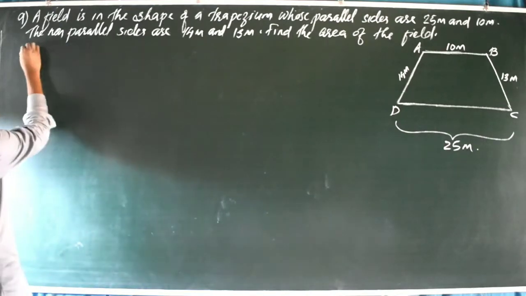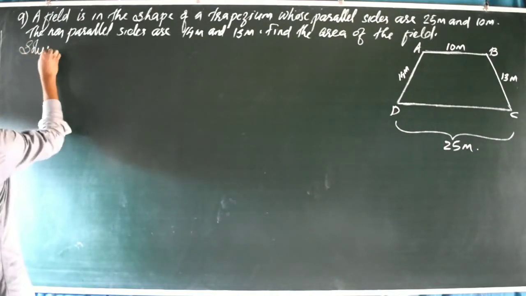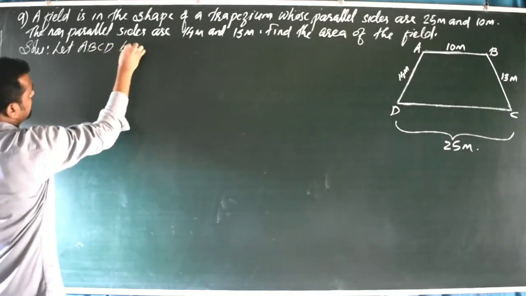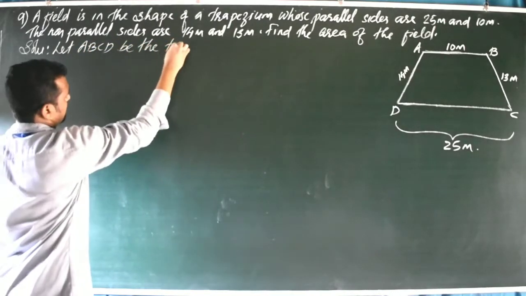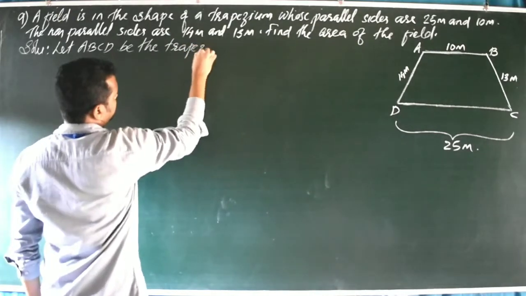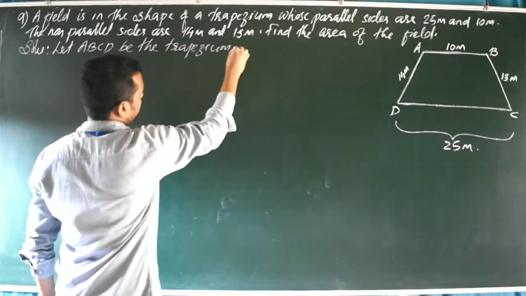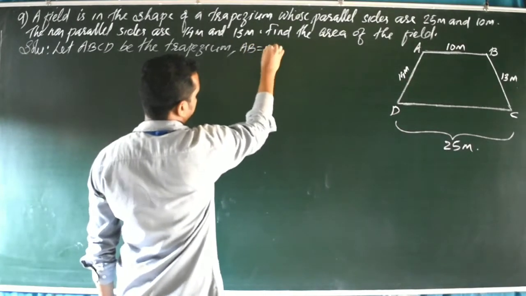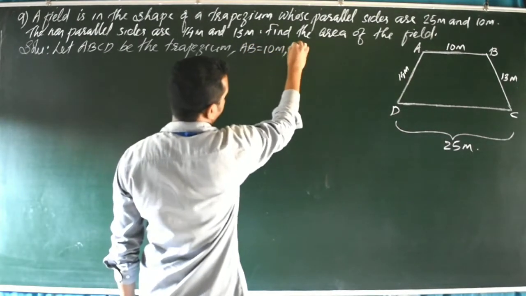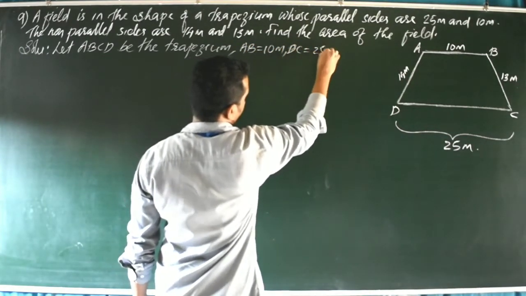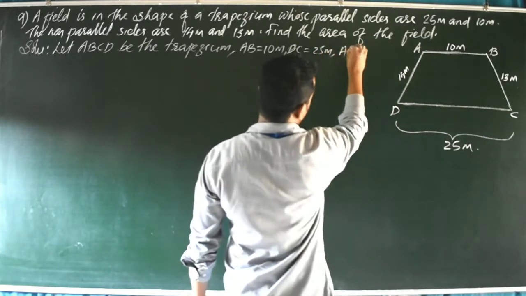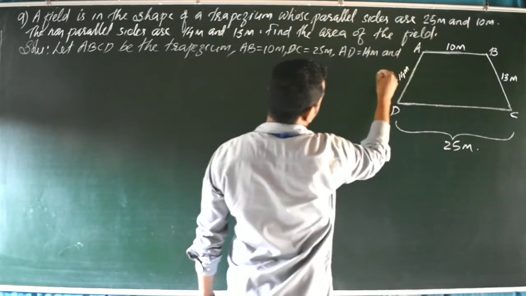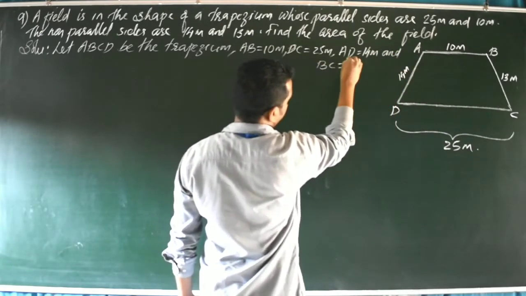Okay, now first we have to write, let ABCD be the trapezium in which AB is equal to 10 meter, DC is equal to 25 meter, AD is equal to 14 meter, and BC is equal to 13 meter.